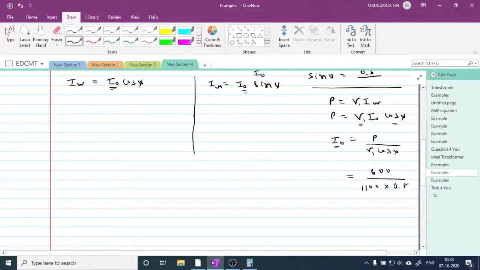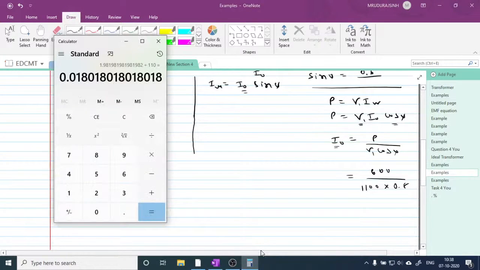Has anybody calculated this and got the answer? Okay, Sahdev has got the answer, Anish has got the answer, very good. Let me try. 600 divided by 1100 divided by 0.8 gives us 0.68. So it's 0.68 ampere.